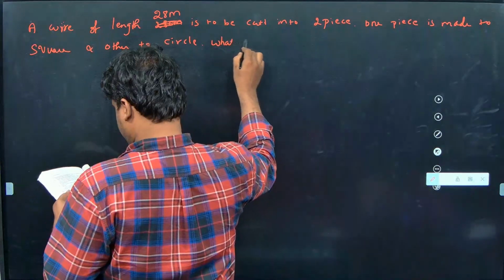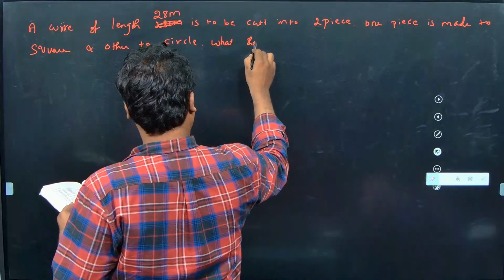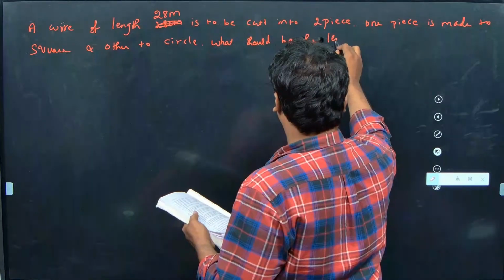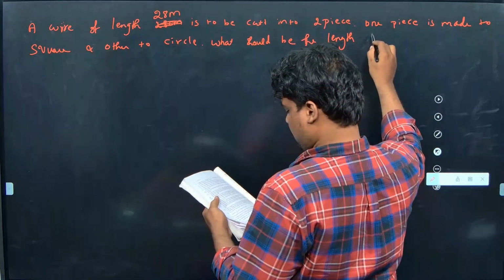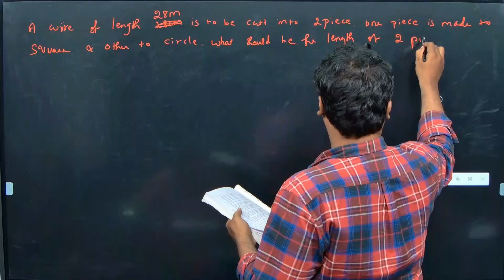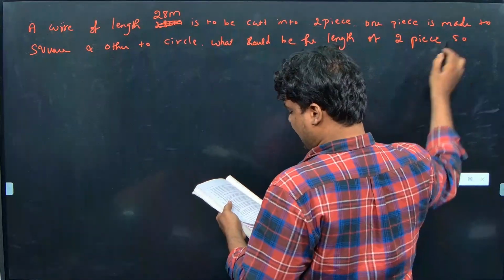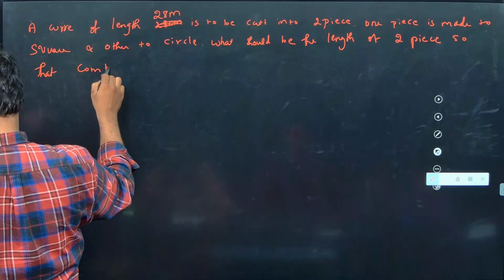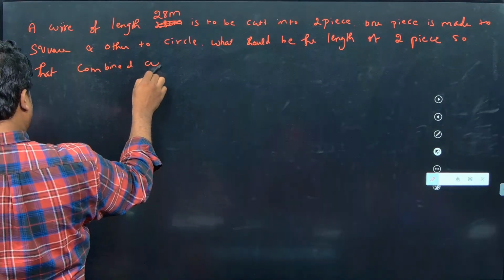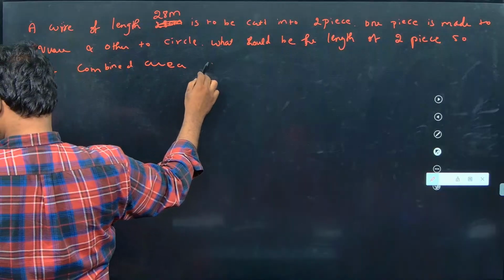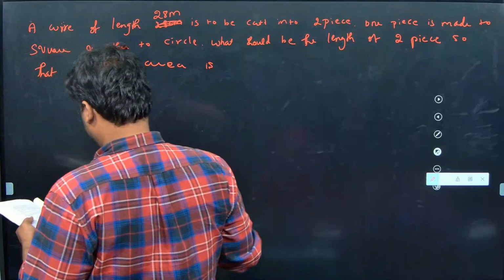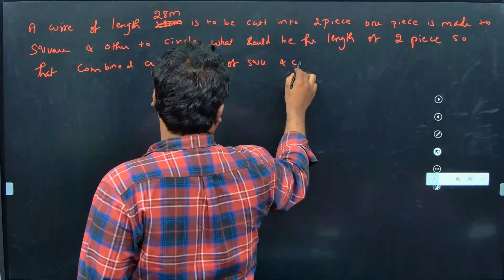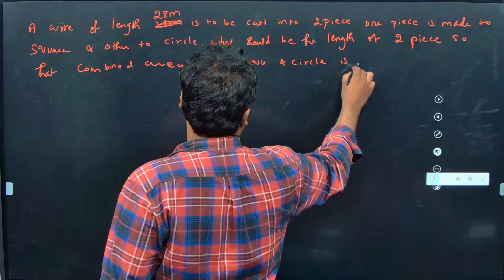What should be the length of the 2 pieces so that the combined area of square and circle is minimum?